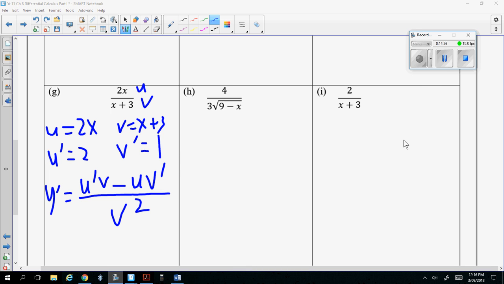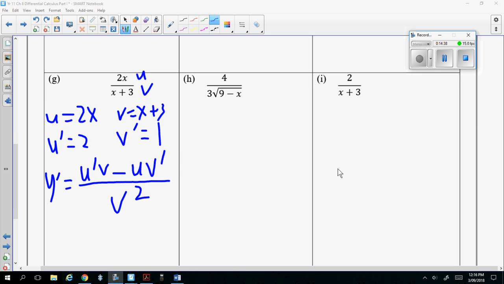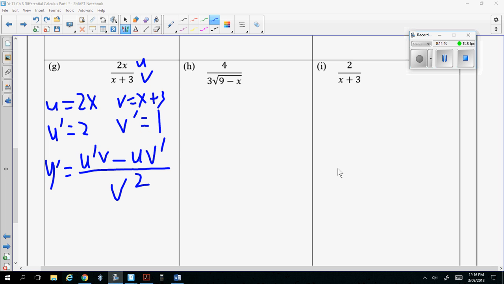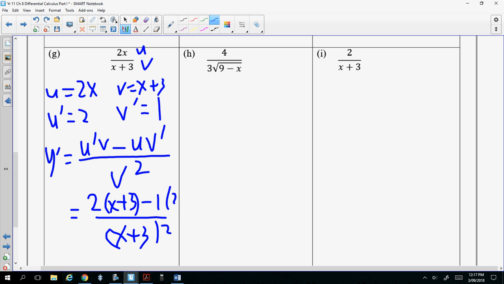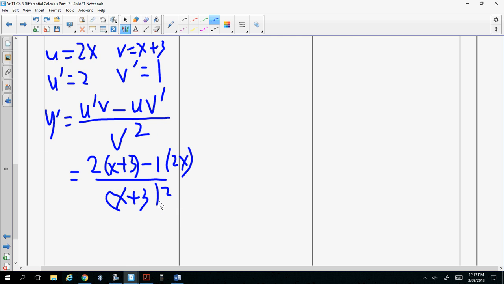Okay, so work out. So what's that? x plus 3 at the bottom, squared, and you got u dash, which is 2 times x plus 3 minus 1 times 2x. And if you expand, collect like terms, you get 6 at the top. I skipped the working. All right, you got it?